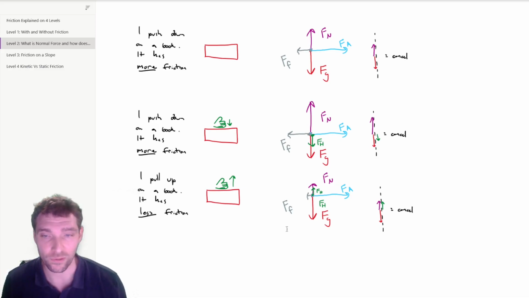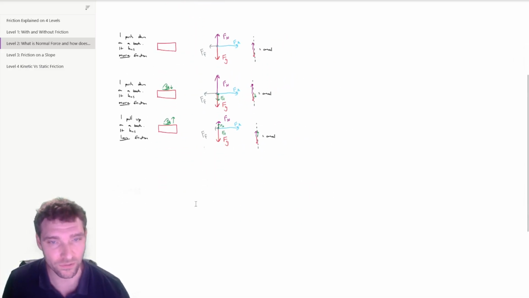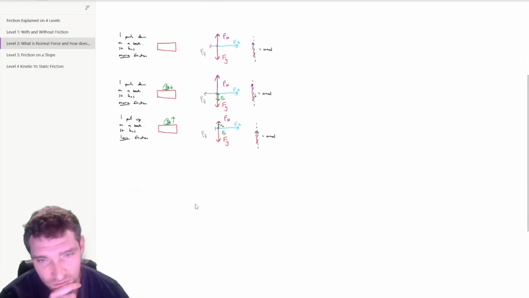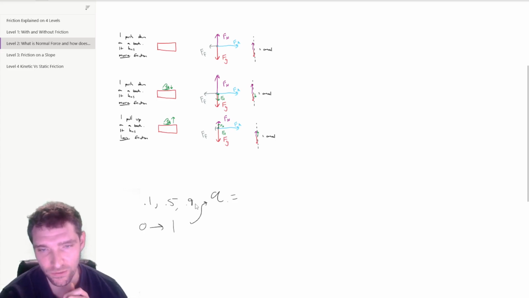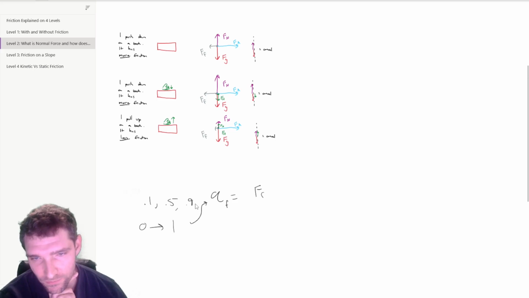And there is a whole formula for the force of friction, which relates to these two variables. So there's this one variable which could be like 0.1, maybe 0.5, or like 0.9. It goes from 0 to 1, the value of this guy. The coefficient of friction is what they would call this, which is going to be the force of friction over the normal force.